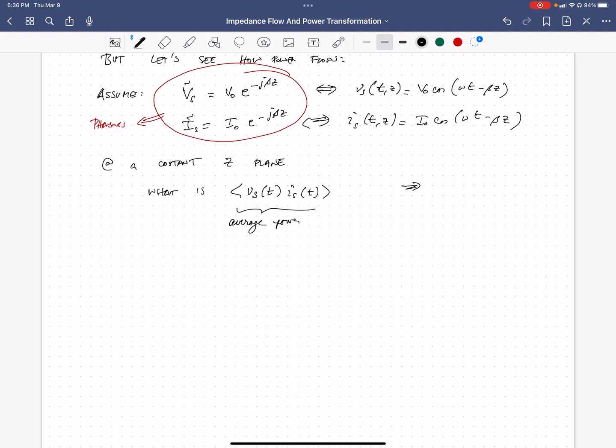As a reminder, this bracket notation, x of t in the bracket, is defined as 1 over the period T, the integral from 0 to T of x(t) dt. So it's the average value of what's in the bracket. This is the time average definition.